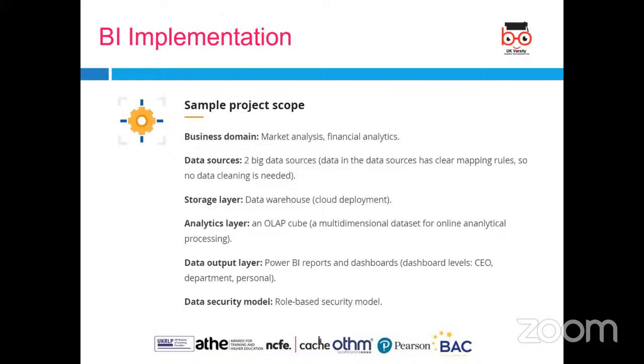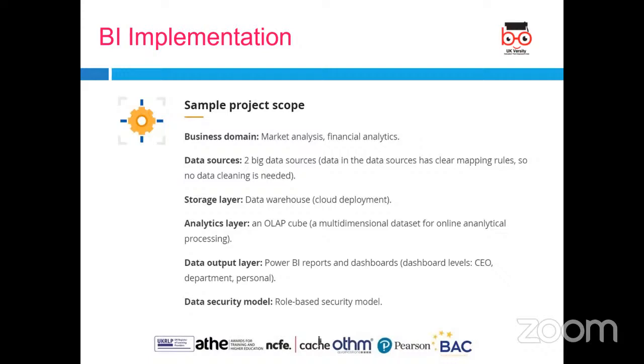There are different examples of project scope, where we will know that we need to have a scope for our business. For instance, with the domain name, we can do some market analysis or financial analytics. For other resources, such as the storage layer, we could use it for a data warehouse.